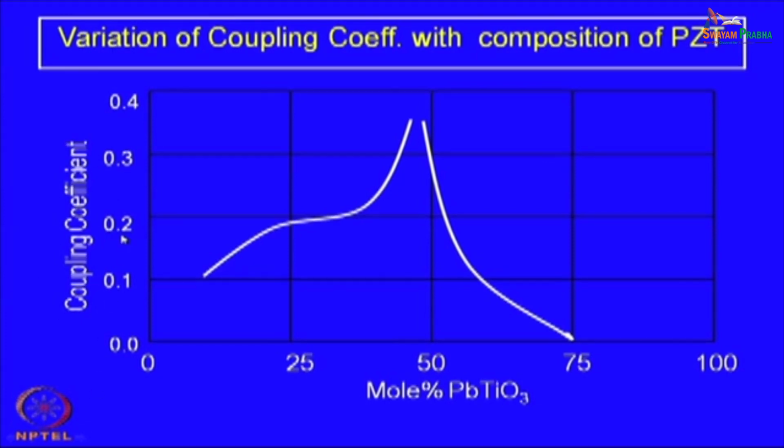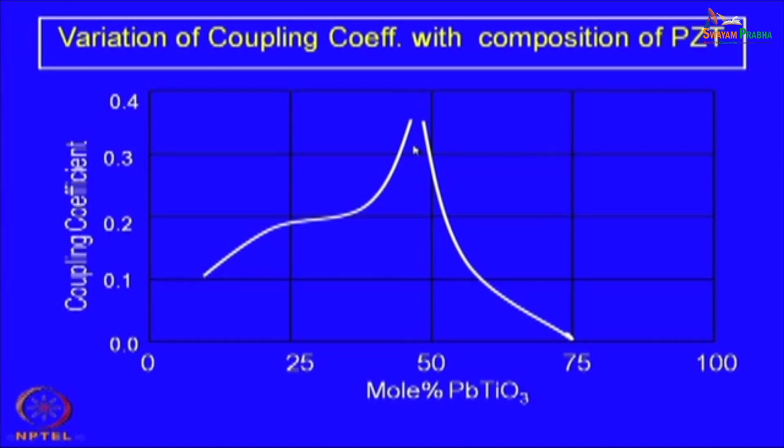As we have discussed earlier, it is the ratio of the output energy to the input energy. And one can see the coupling coefficient is not only a function of the composition, but it goes to a maximum very close to or exactly at the morphotropic phase boundary.